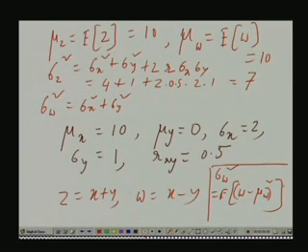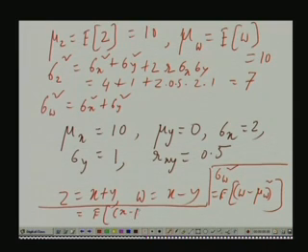So, you can proceed like the way we proceeded in the case of z equal to x plus y. One term you can write like this: x minus mu x minus y minus mu y, whole square.